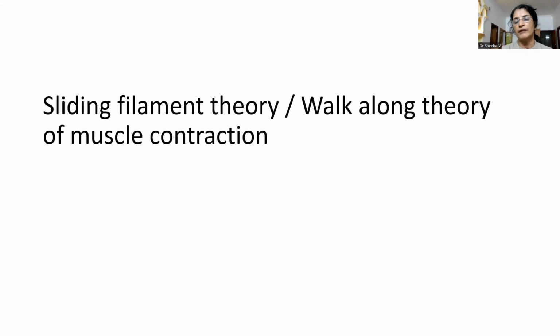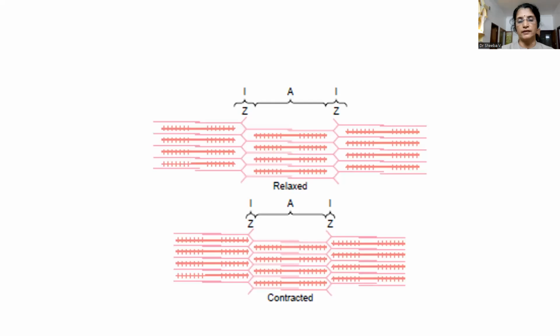That means one myosin cross-bridge attaches to the active site, produces a power stroke, dragging the actin filament towards the center, then detaches from that active site and attaches to the adjacent active site. Like this, myosin cross-bridges walk along the active sites of the actin, which is known as the sliding filament theory or walk along theory of muscle contraction.